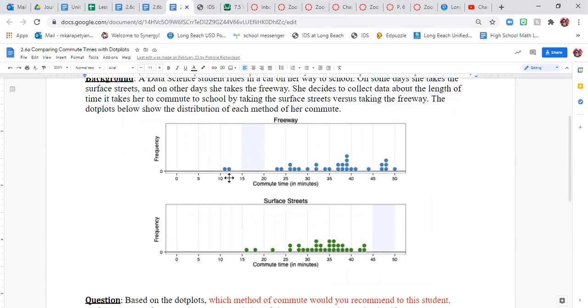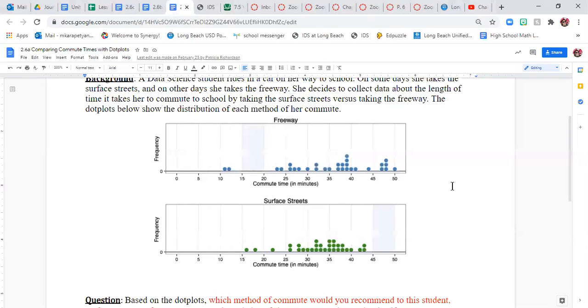So I could say that the lowest time that she can travel with the freeway is 11 minutes. That's one data point. So the minimum time it takes for her to travel on the freeway is 11 minutes versus the minimum time it took on the street.